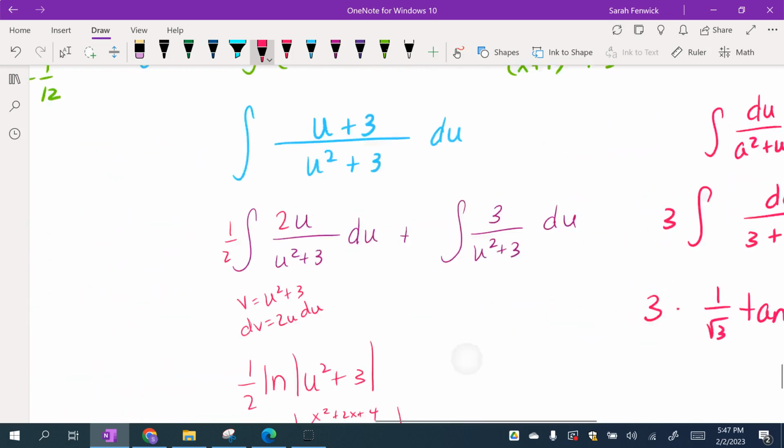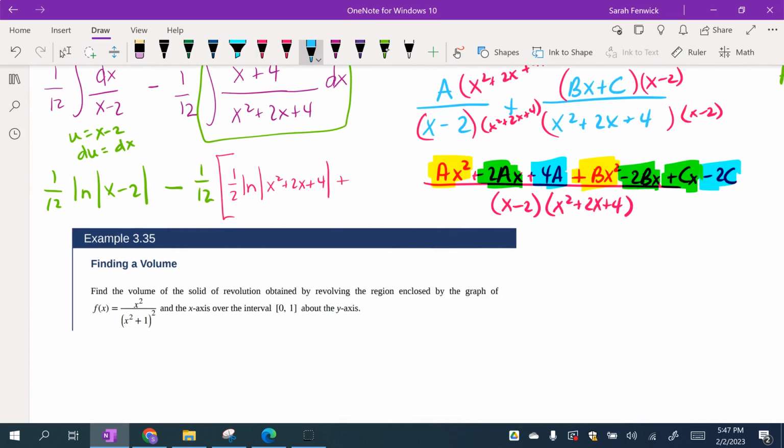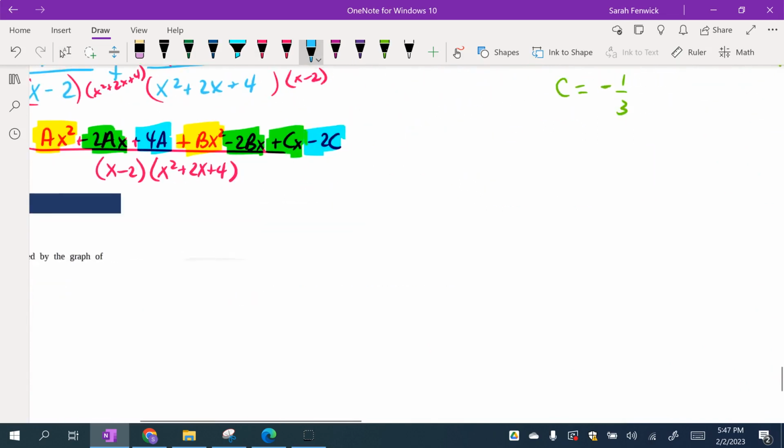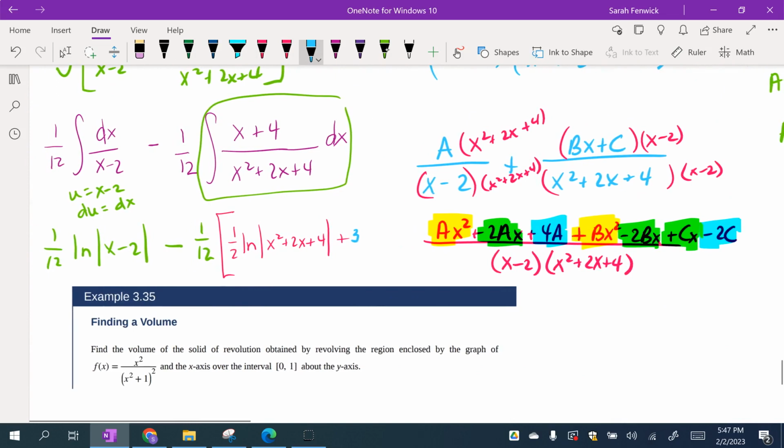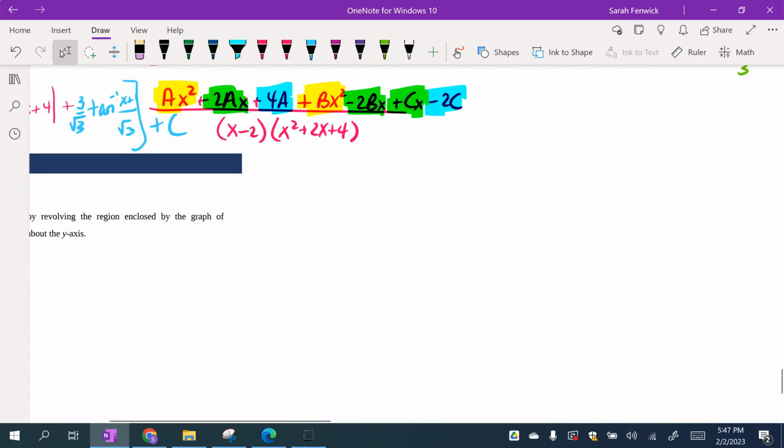So when I write that into my final answer, I have 3 over the square root of 3 inverse tan of x plus 1 over square root 3 plus c. So let's write our answer a little more pleasing than that.